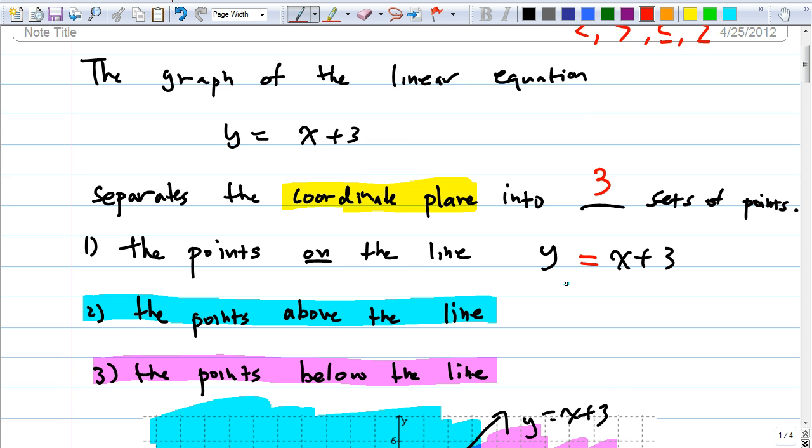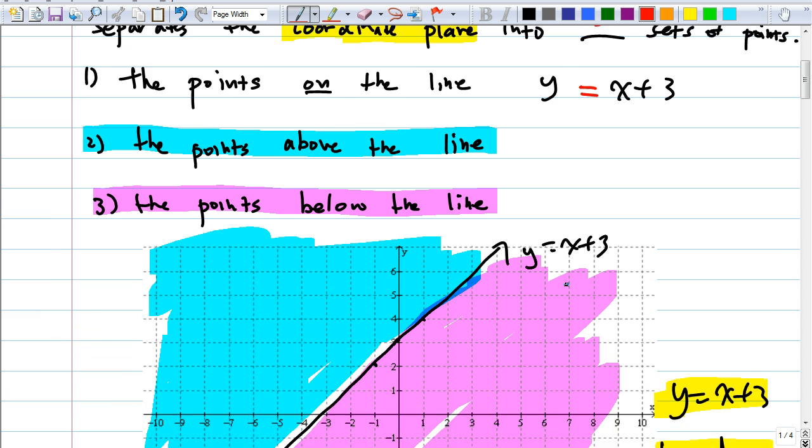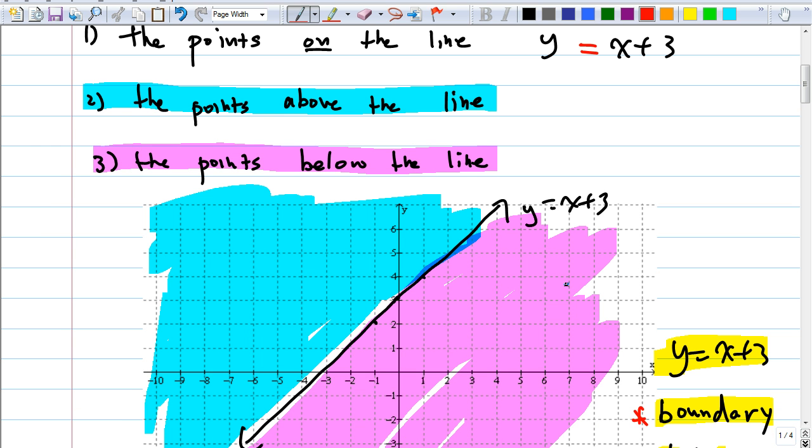So I even have a little picture for you here. Look, I used color, even colors that I normally don't use. The points that are on this line, this is the black line right here. Light blue is above the line, and the purple is below the line, right?